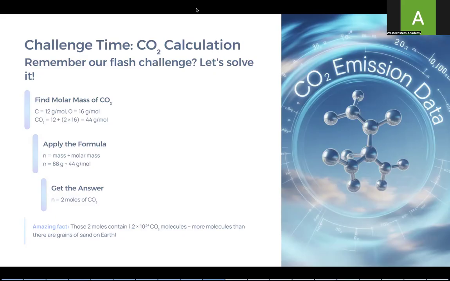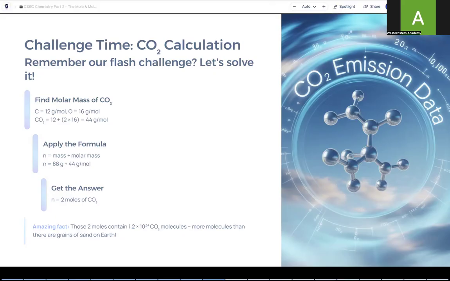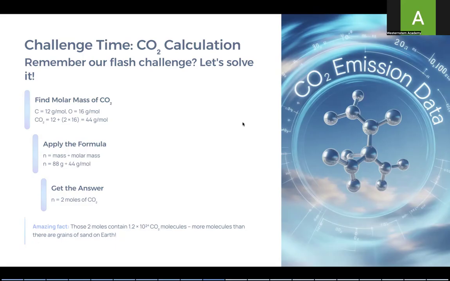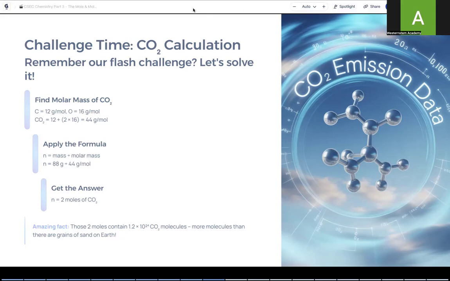So 2 times 16 is 32, and 32 plus 12 is gonna be 44. So the total molar mass of carbon dioxide is 44 grams per mole. Now we apply the formula. Number of moles is equal to mass over molar mass, or mass divided by molar mass. So the mass is gonna be 88 grams, right?